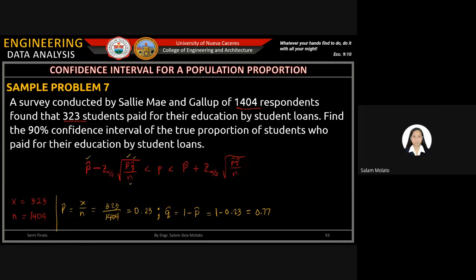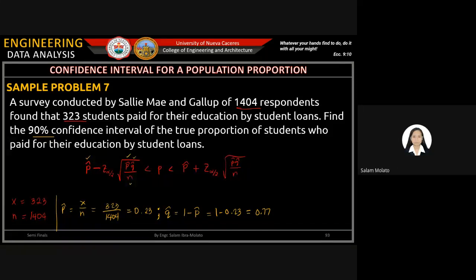Ang problema na lang natin, Z sub alpha over 2. Tama? Okay. So, balikan natin, ilan daw ito? 90% confidence. So, balikan natin yung values. 1.645 po, ma'am.